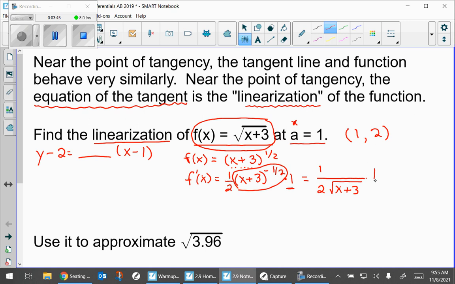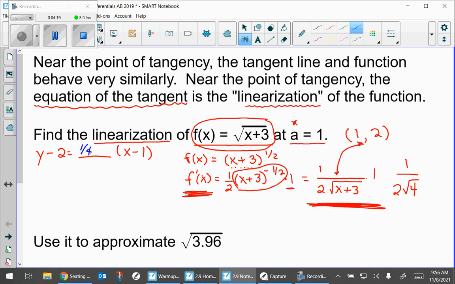So what is the slope? What is the value of the derivative? What is the slope when x is 1? 1 over 2 square roots of 4, which is 1/4. So my slope is 1/4.